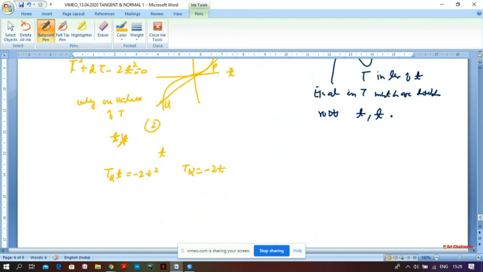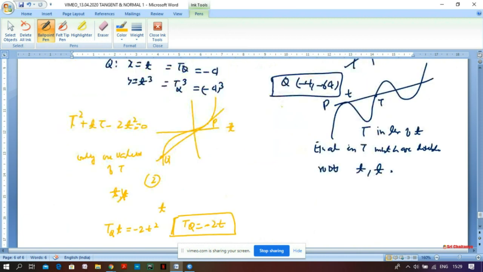I can just claim, by knowing that the roots at the tangent must be a multiple root of order 2 at any point of tangency, that T_Q is negative 2t. And then we are back to our first solution, which gives negative 2t, and the point, as happens, is minus 4, minus 64.